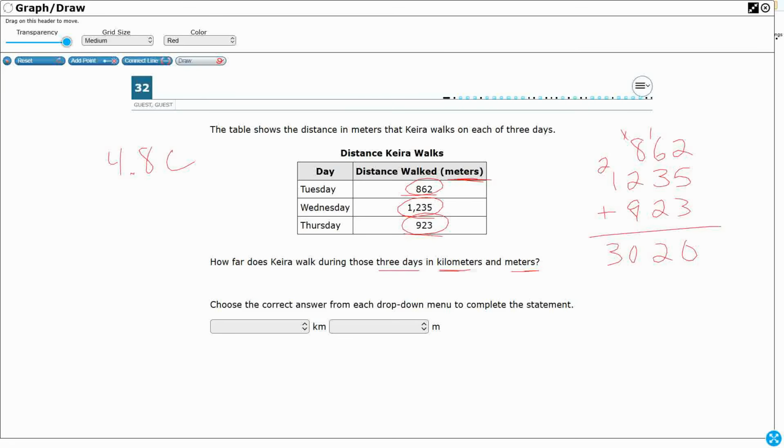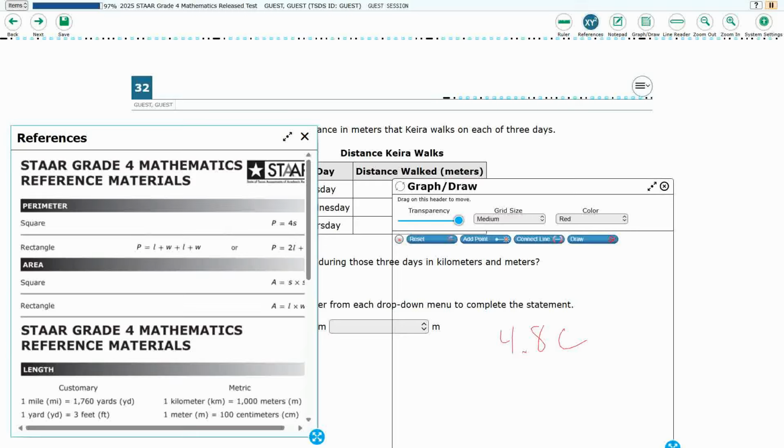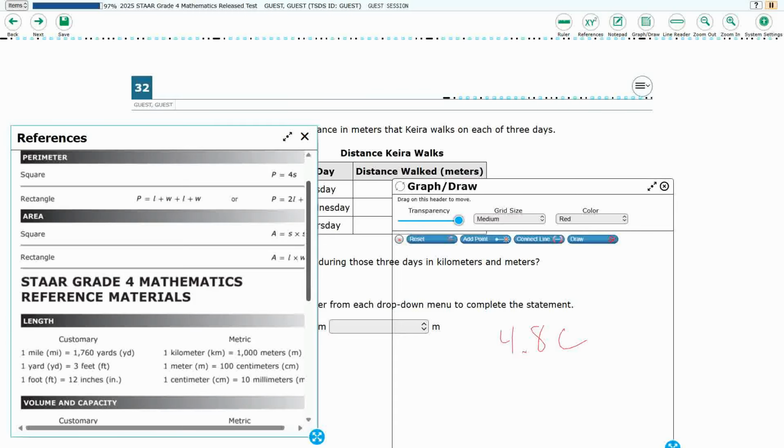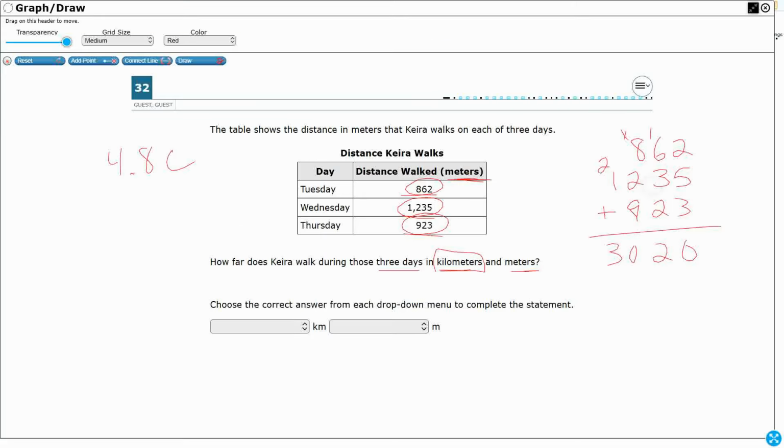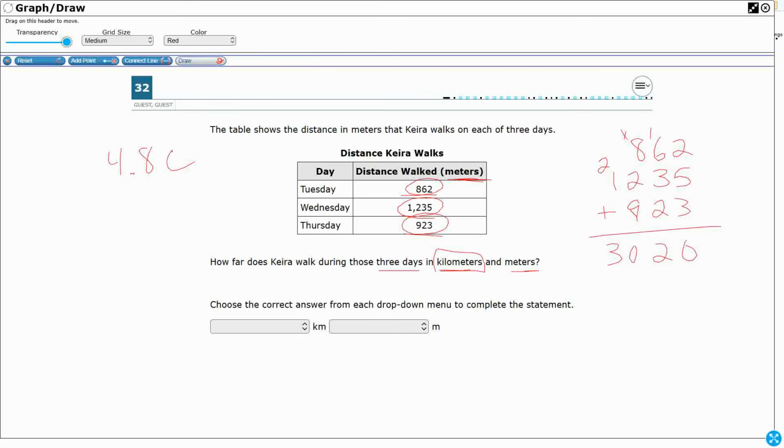I need to change this into kilometers and meters. Now, if I'm stuck, I can go to my reference materials, and I know that there are 1,000 meters in a kilometer. So I need to take sets of thousands away from here. One way to visualize it would be to think of repeated subtraction, rather than division. You could also do division, but I don't really want to divide with 1,000 as my divisor.